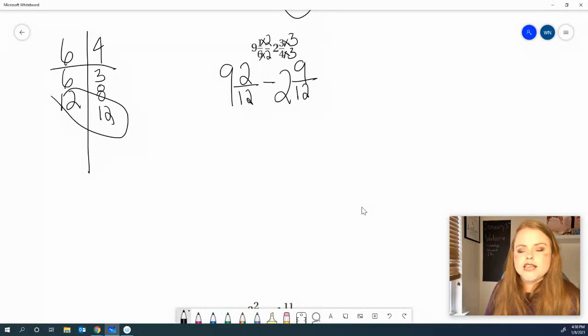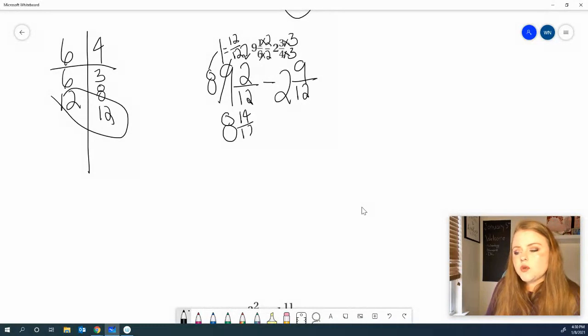9/12. Same issue. You can't say 2 minus 9. So we're going to borrow from our whole number, make it an 8. From that whole number, we're going to pull out 1, which is going to equal 12/12, and we're going to give it to our fraction. So I'm going to have 8 and 14/12. I added the 12/12 to the 2/12.